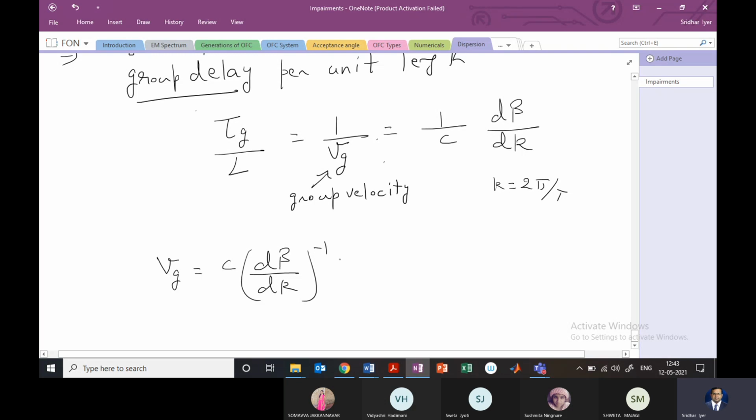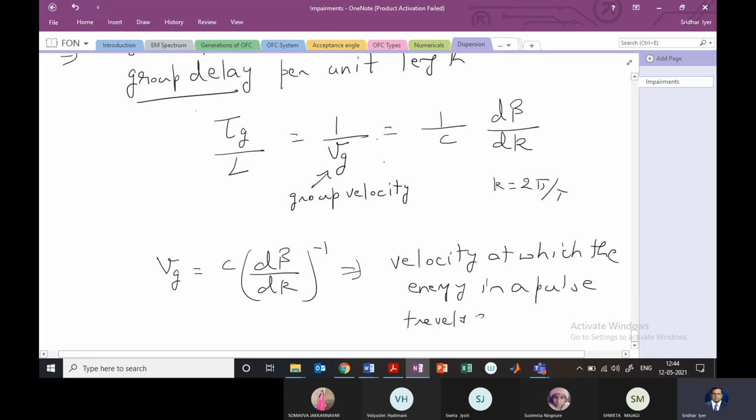I have inverted it. So this is defined as group velocity, which is nothing but velocity at which the energy in a pulse travels along a fiber.